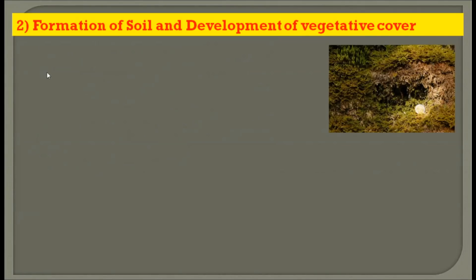All right. The second ecological application of the bryophyte is the formation of soil and the development of vegetative cover. As you know, we have seen in the topic called succession, the lichens are pioneers of soil formation, right?